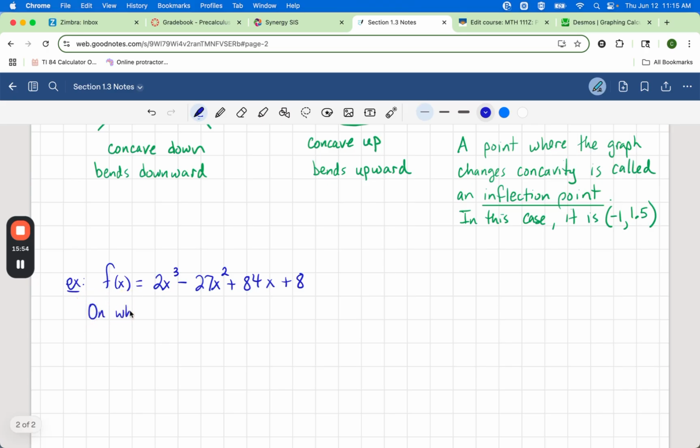All right, on what interval or intervals, maybe only one interval, so I put the s in parentheses over here, is f of x increasing? Decreasing?